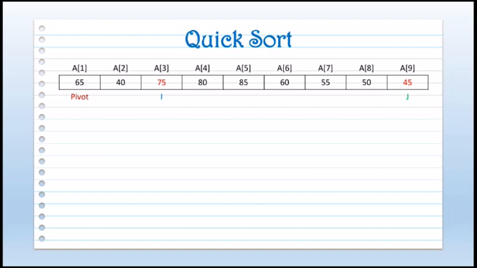Now we will exchange the value present on ith position and jth position. So here 75 will be exchanged with 45. So 75 will move to the 9th position, and 45 will come to the 3rd position.